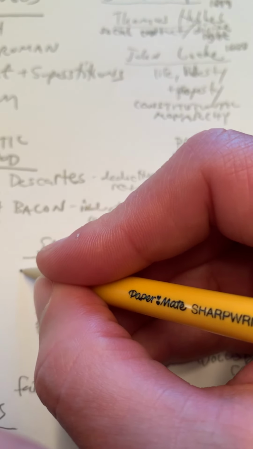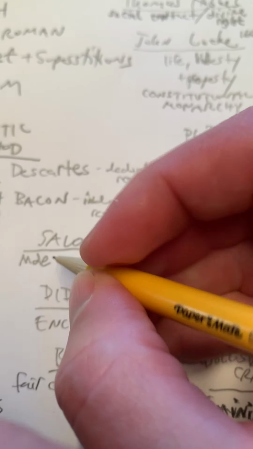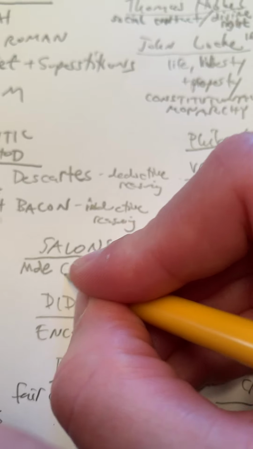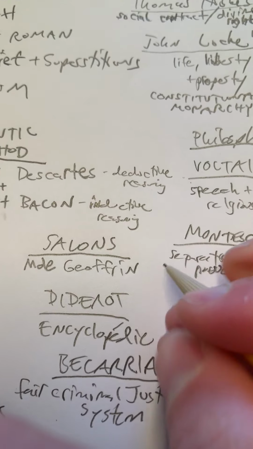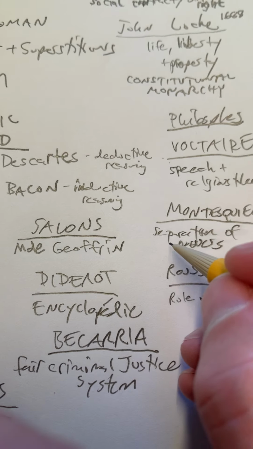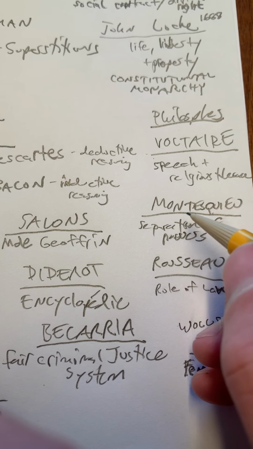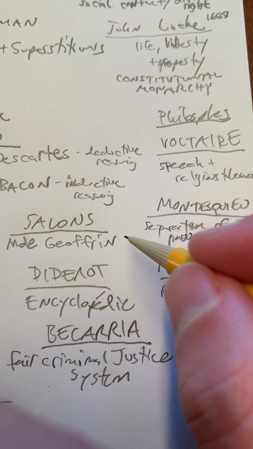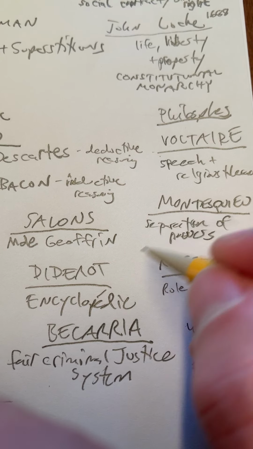And one of the most famous salons, Madame Geoffrin's. She had a living room in Paris where she would invite the great thinkers of the day of France, Diderot, Rousseau, Montesquieu, Voltaire. They would find their way to Madame Geoffrin's salon where they would share their ideas.